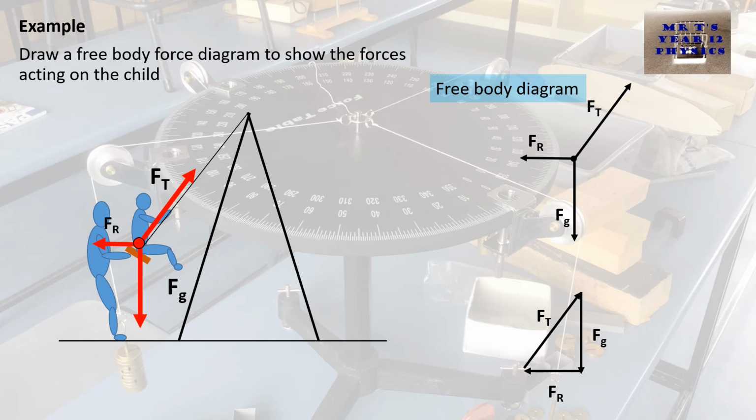When we add all of those three forces up, we have gone nowhere, or we have a net force of 0. These forces are said to be balanced. So it's a very important skill to be able to take the forces from our free body diagram and put them into a triangle. Also, we need to recognize when things are balanced.